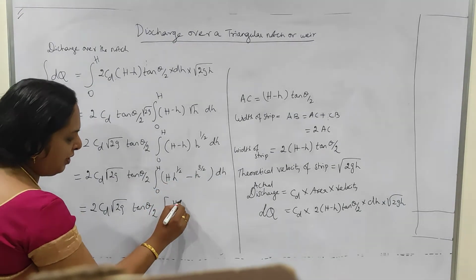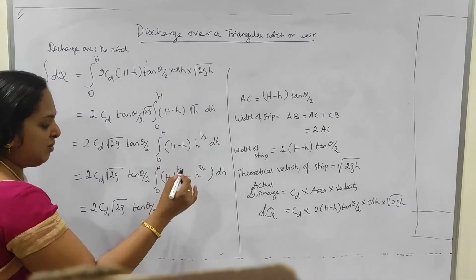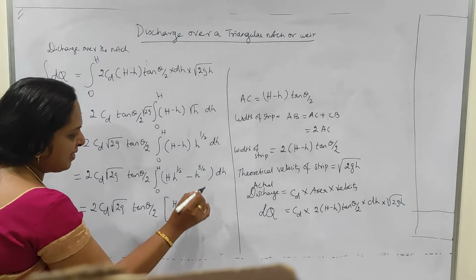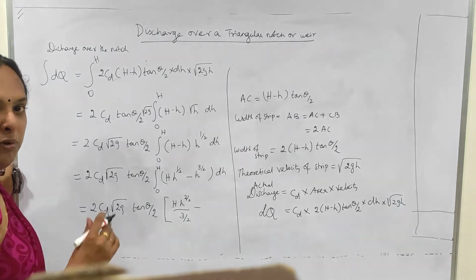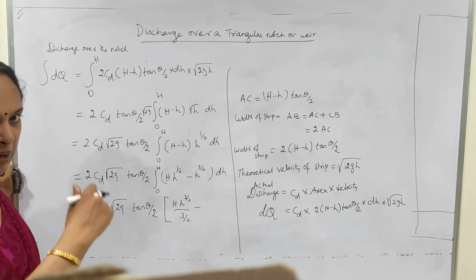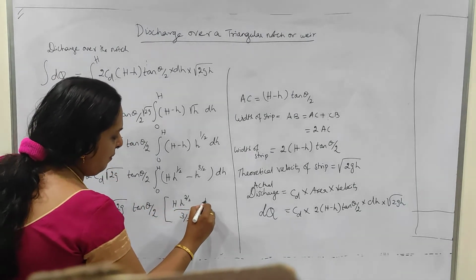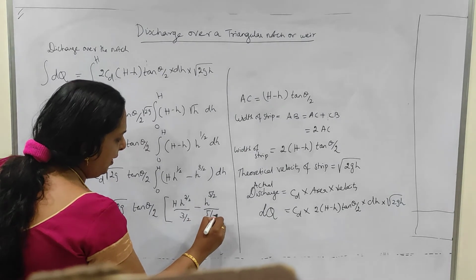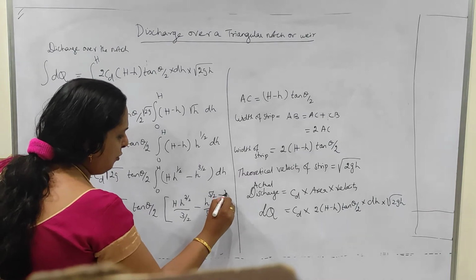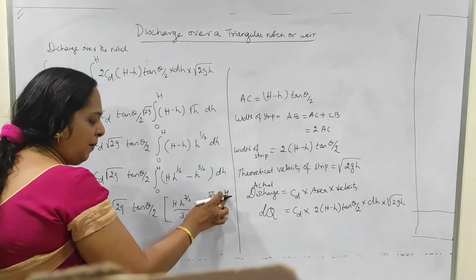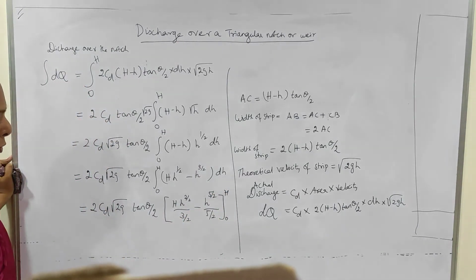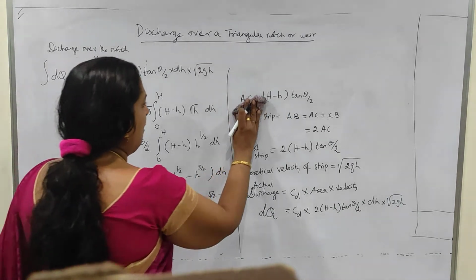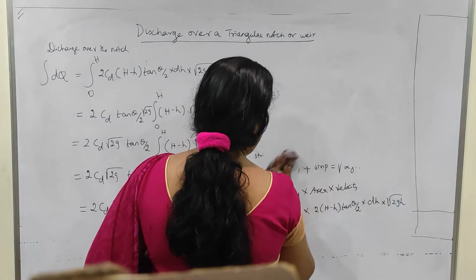So this becomes 2 Cd root 2g tan theta by 2 times: H into h to the power of 1 by 2 plus 1, that is 3 by 2, divided by 3 by 2, minus the integration of h to the power of 3 by 2, which is h to the power of 3 by 2 plus 1, that is 5 by 2, divided by 5 by 2. This is with the limit of 0 to H. Only the upper limit matters here, the lower limit is 0. Now I am going to substitute in this equation, so I will be able to find out what Cd is.